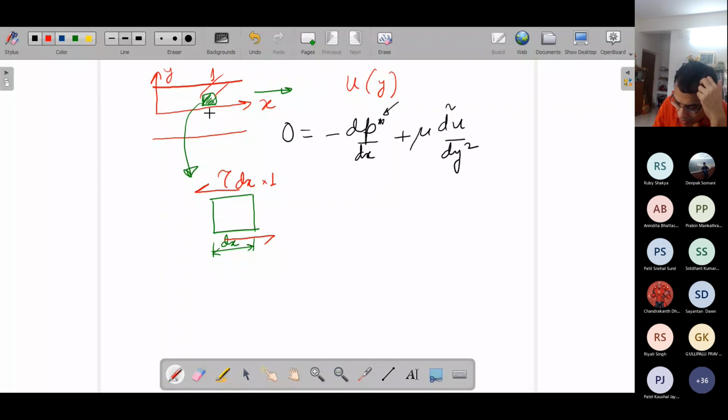On the other hand, the fluid which is below it, closer to the center line, will try to move it forward because it is more away from the wall, so it has a greater speed.